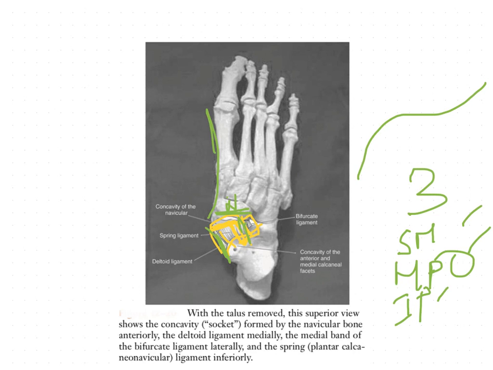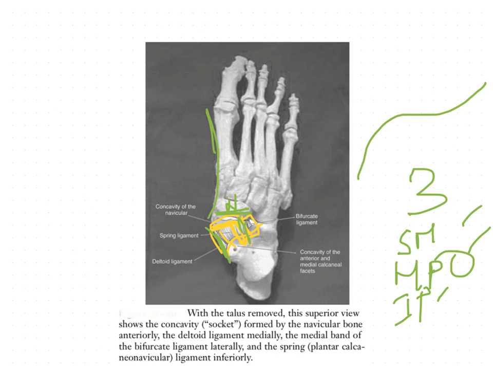The ligaments of the talonavicular joint also include the ligaments which give support to the subtalar joint. The main ligaments are the spring and bifurcate ligaments.